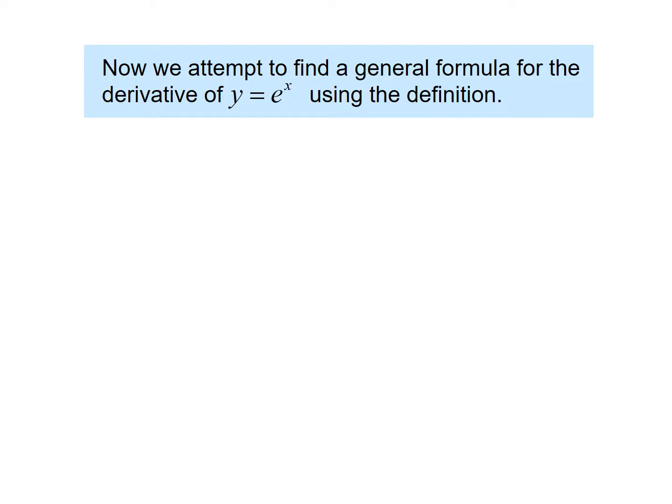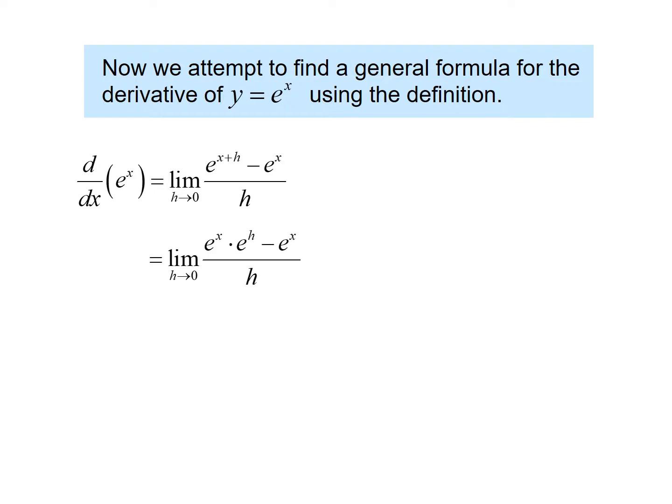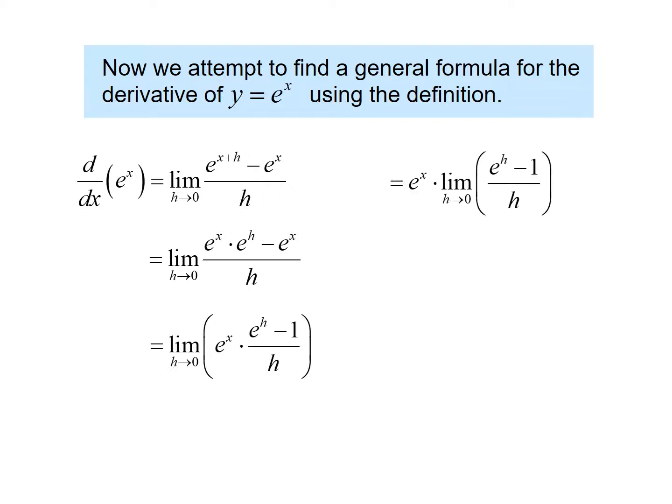Okay, so now we're going to go ahead and see if we can find a formula for the derivative of y equals e to the power of x. And we're going to do this by using the definition of derivative. So here's our definition of derivative applied to e to the power of x. And instead of writing it as e to the x plus h, we can make that e to the x times e to the h. And since we have an e to the x in both terms there on top, we can factor that out.